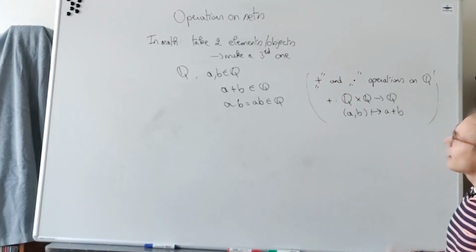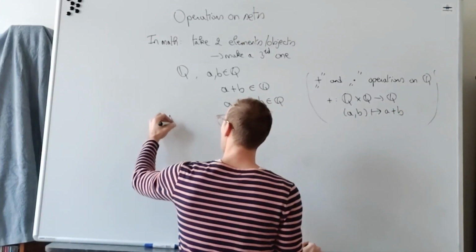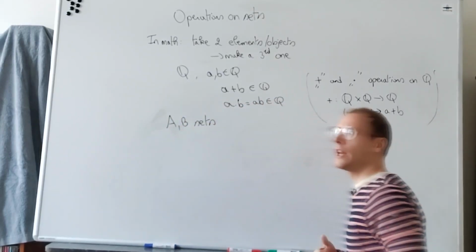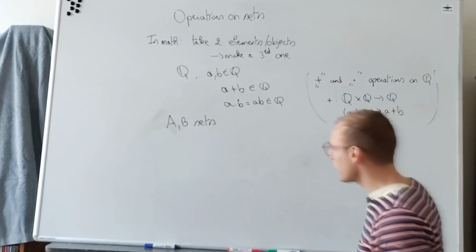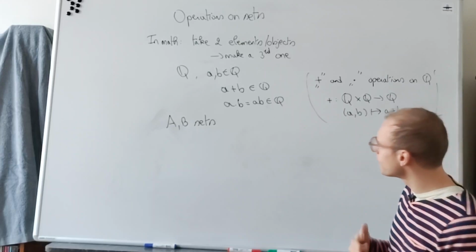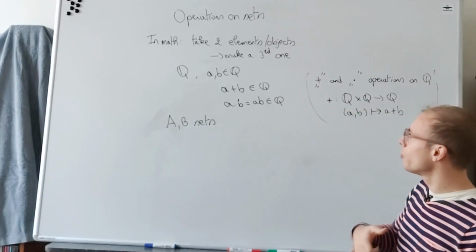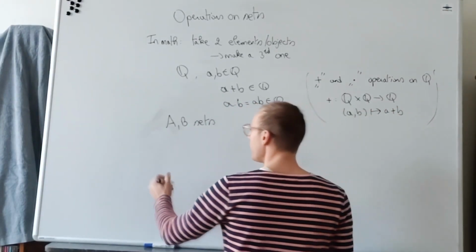But here we're working on sets. So what I want to do is, if I take A and B sets, how can I make a third set out of this? Well, there are a few ways, and we're going to introduce a lot of important notations, because these notations will be used throughout the next series as well, or at least some of them.